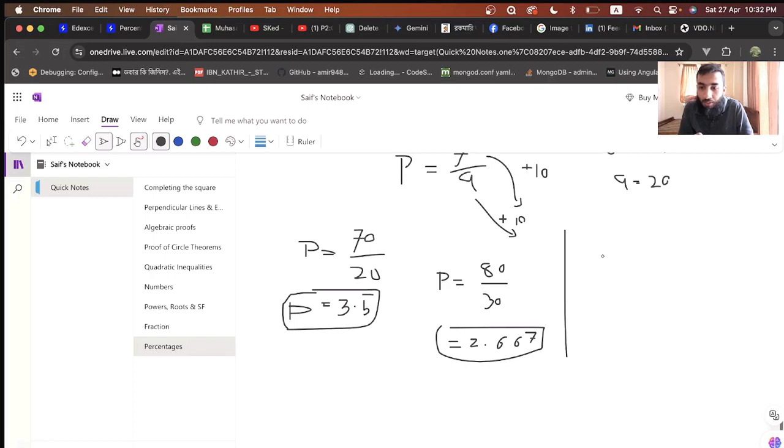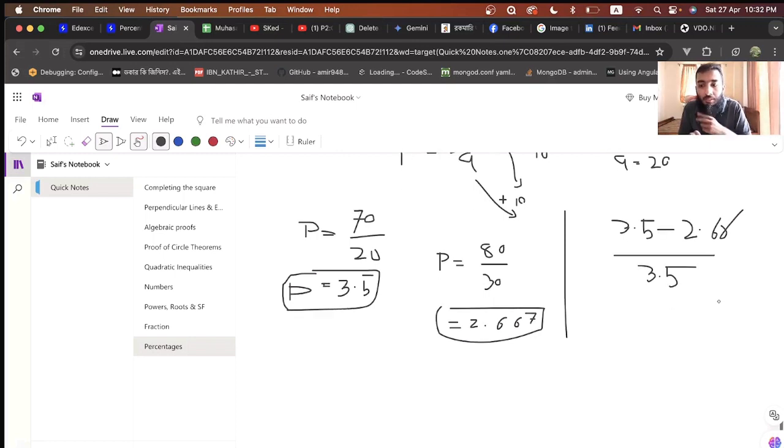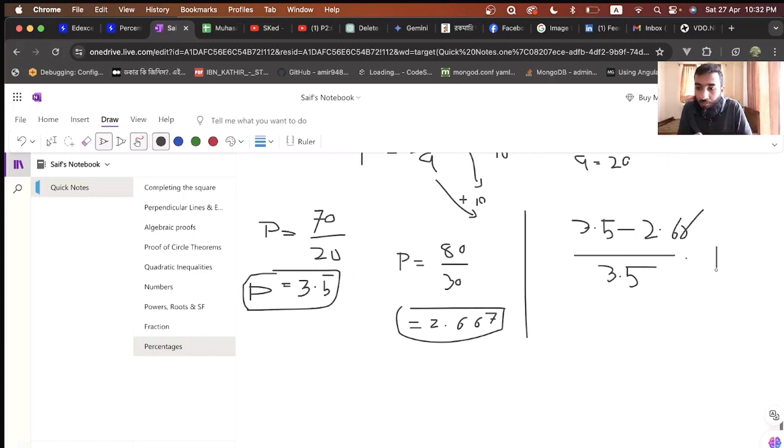So if I figure out the percentage decrease, let's use the alternative way that we used. You can use either of the two ways that I showed in the previous problem. So the actual decrease is what? 3.5 minus 2.66, right? Based on what? The base number, which is 3.5, right? So if we multiply this by 100, we get the percentage decrease.